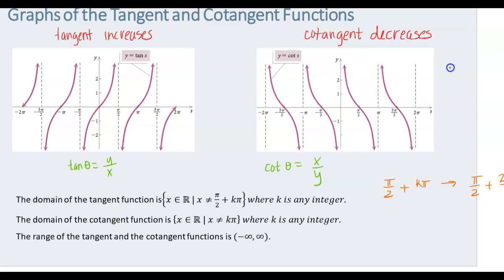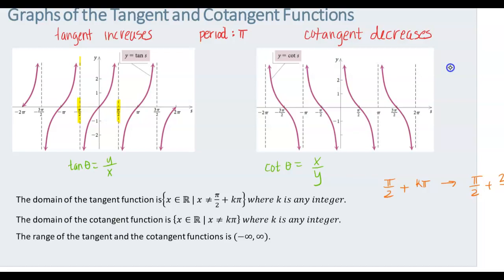The 5 key points start at an asymptote, so the first one would be here at negative pi over 2, and then end at an asymptote. One of the differences for tangent and cotangent is that the period of both of these graphs is pi, whereas for the other 4 trig functions, the period is 2 pi.